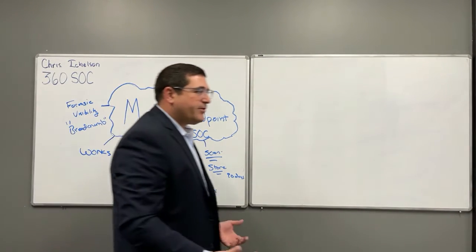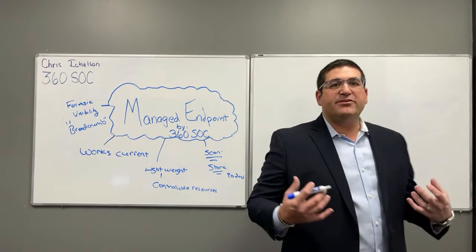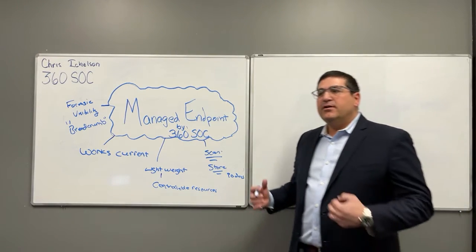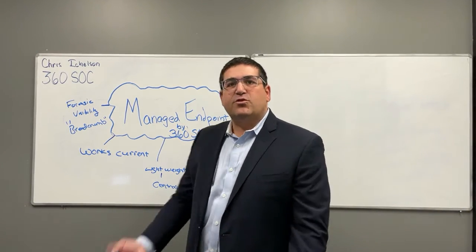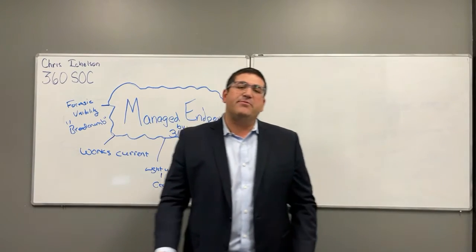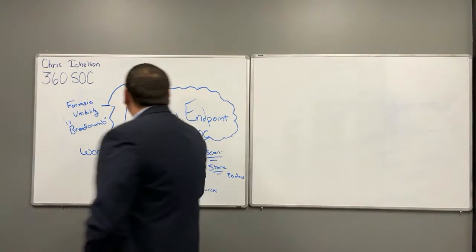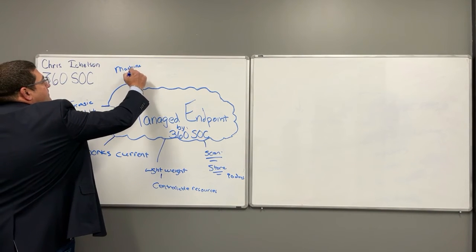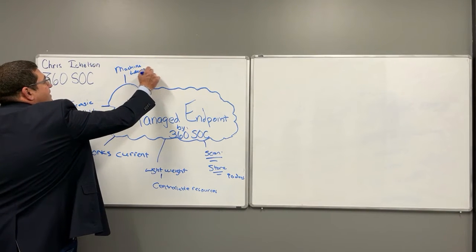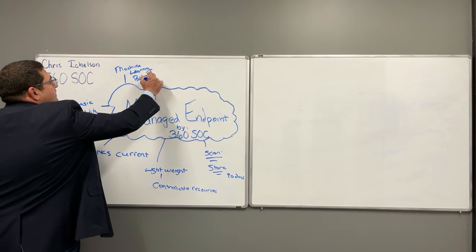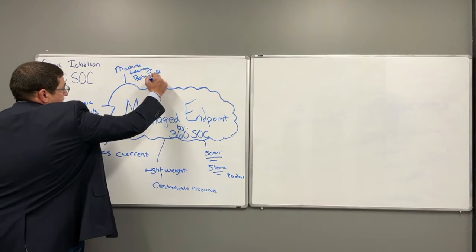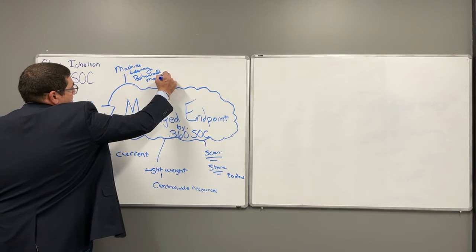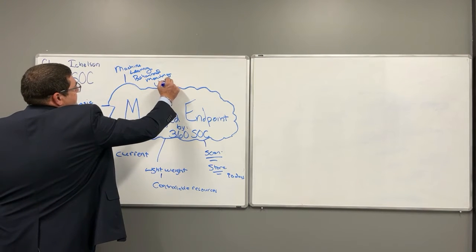That becomes critical when it comes time to go outside the box, going outside those rules, those correlations, those things that have been built historically. The other things we're going to do is machine learning and behavioral monitoring. More importantly, UEBA.